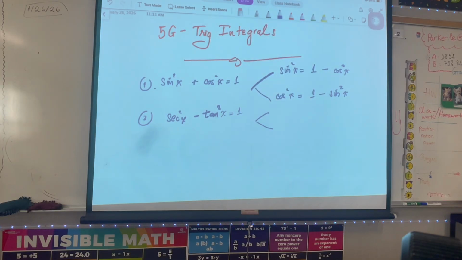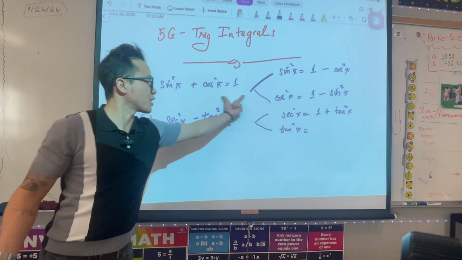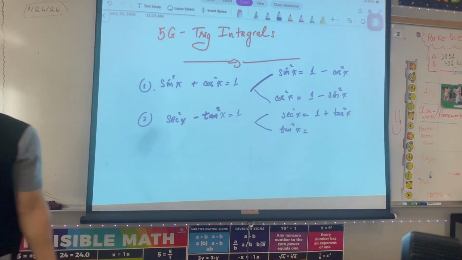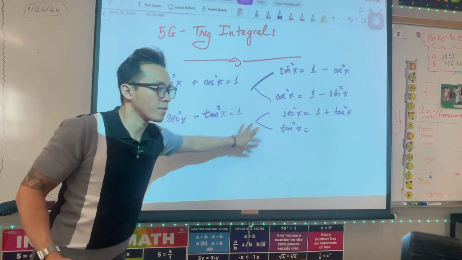So from here, secant square equal to 1 plus tangent square, and tangent square equal to, you move the negative tangent over here because it becomes positive, and move the one over here, it becomes negative.